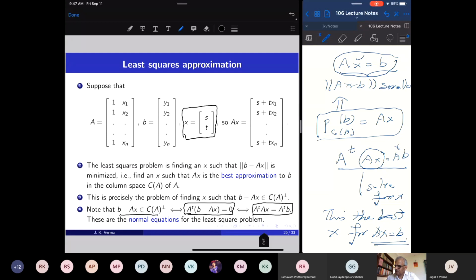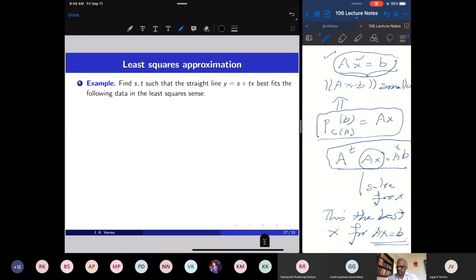And that amounts to solving the normal equations, A transpose Ax equal to A transpose B. This is the equation we want to solve, but we can't solve, so multiply by A transpose and then solve. You have found the best solution. These are called the normal equations. Very, very important idea in data science. This is only the straight line that we are going to fit, but this principle actually applies to many situations. I will illustrate that.